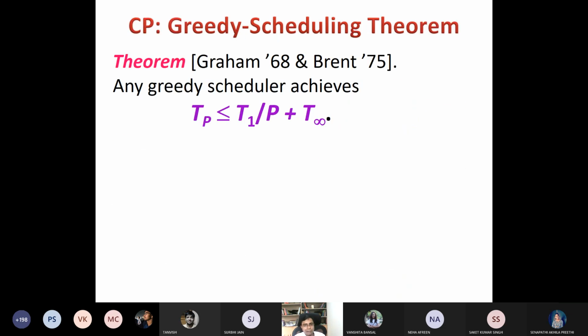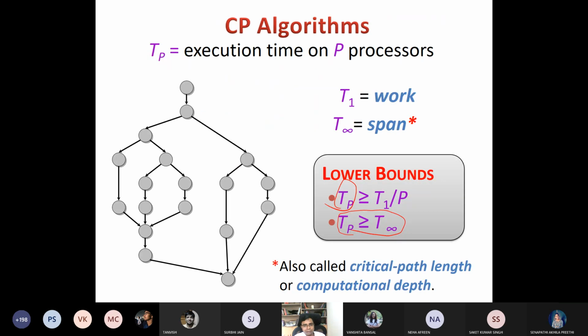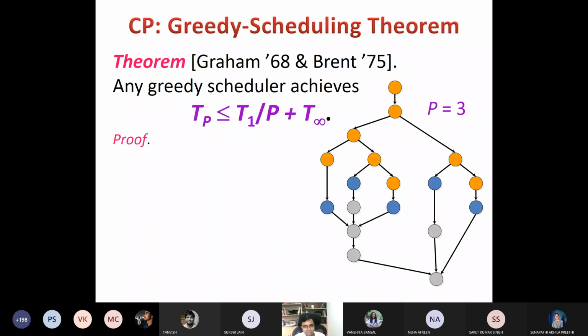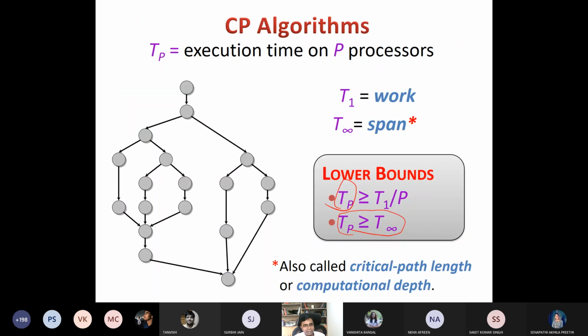So if you look at this, what is the critical path in this case? This one is the critical path. Are you able to see it? This node, this, this, this, this, this, this, this, and this.